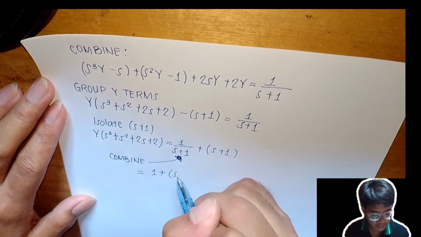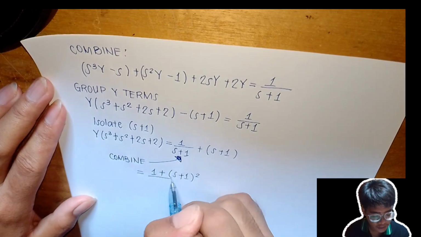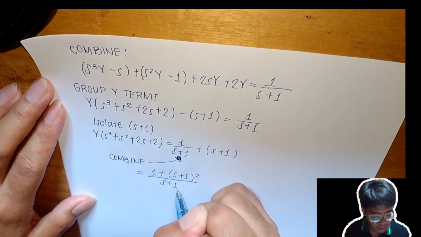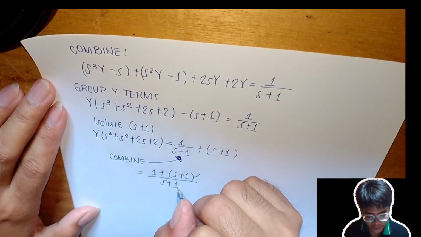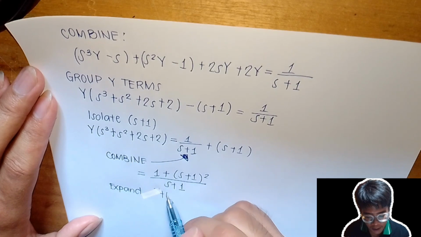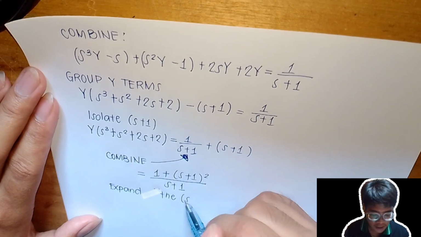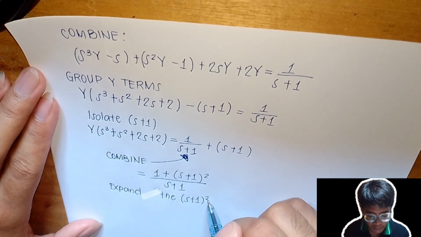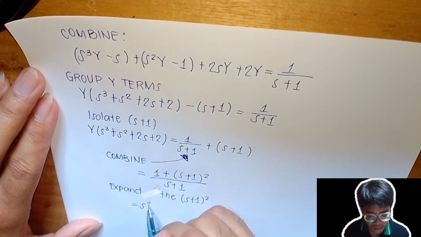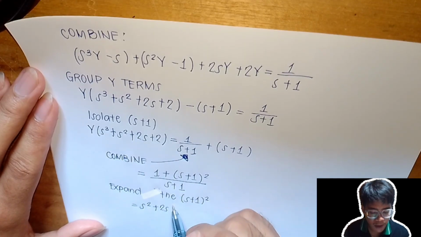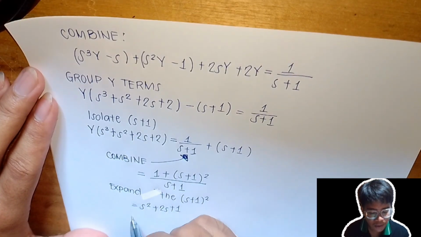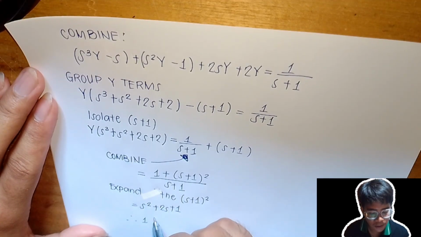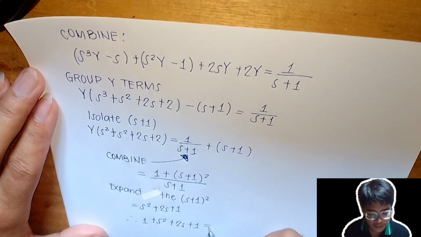Equals 1 plus parenthesis s plus 1 close parenthesis squared all over s plus 1. The s plus 1 squared equals s squared plus 2s plus 1, so it equals 1 plus s squared plus 2s plus 1, which equals s squared plus 2s plus 2.